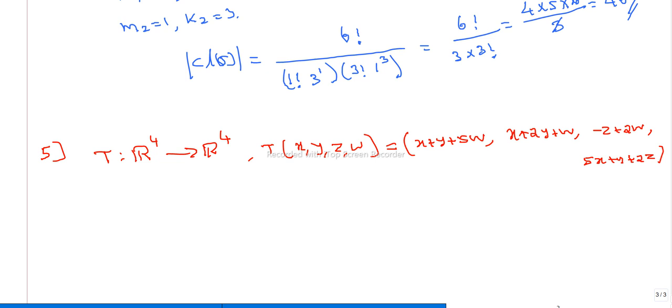But in the question they do not give the corresponding eigenvalue. Actually, we have some mistake in the question. They ask for the dimension of the eigenspace of T. So eigenspace of T means what? I think it's actually wrong.